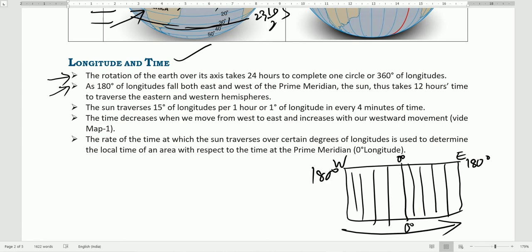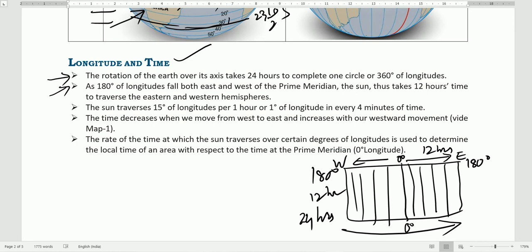That means the sun takes 12 hours to traverse the eastern hemisphere, so from here to here it takes 12 hours, and from here to here another 12 hours. That means 12 hours plus 12 hours is 24 hours.